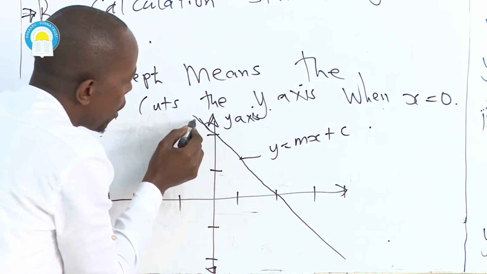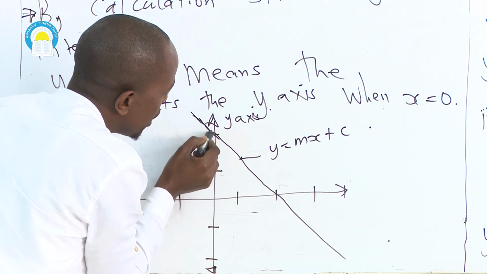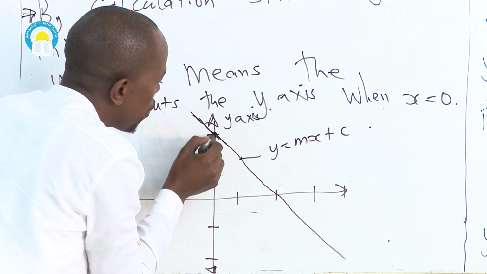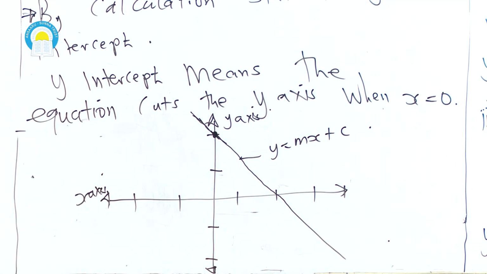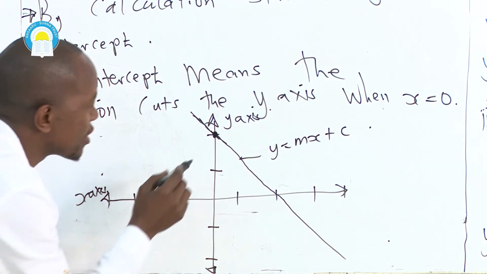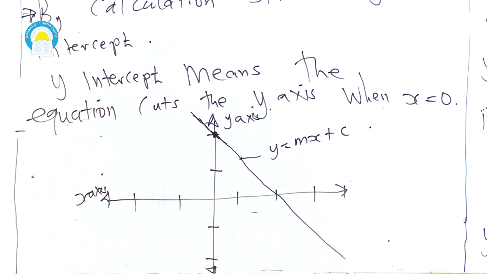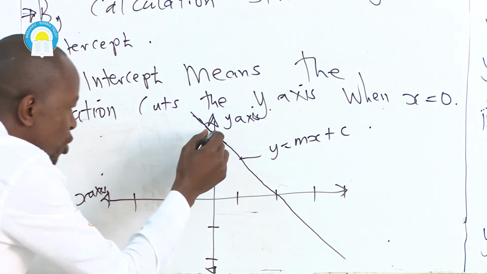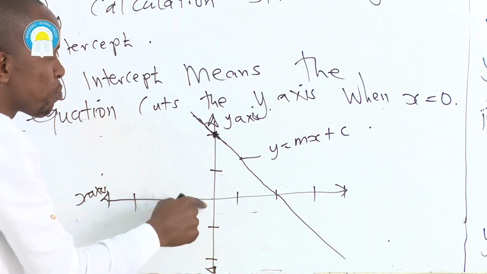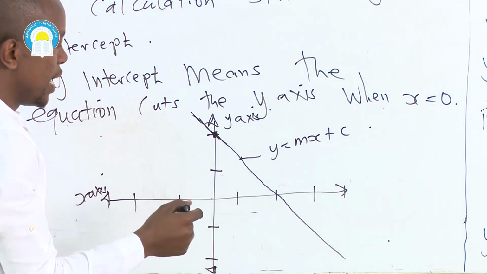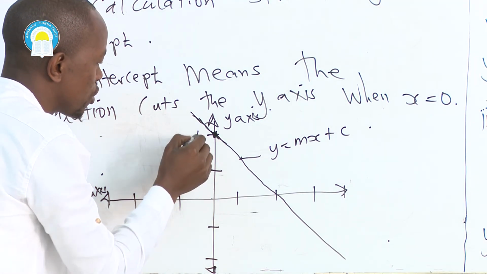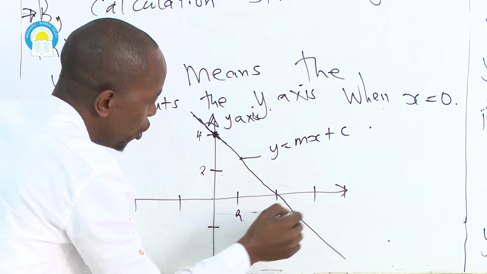Now, remember, our y-intercept is at this point where it cuts the y-axis. That's what we call the y-intercept. Meaning, x is equal to 0. When you read this point on the Cartesian plane, let's say this is 2, 4, 6.